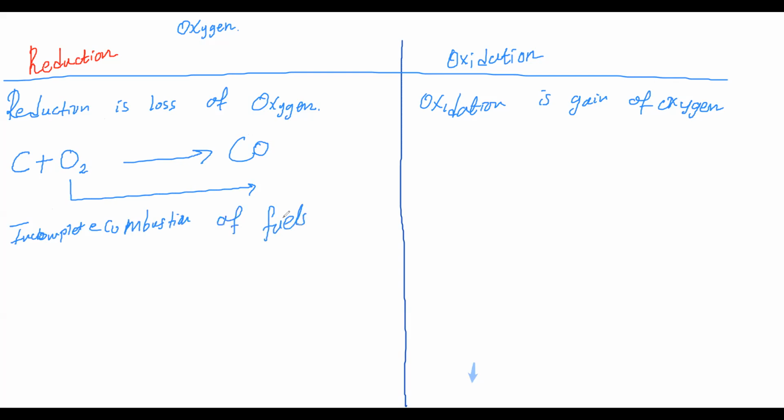When the oxygen is not enough, we say that there is an incomplete combustion. Therefore, we produce an acidic gas. This is carbon monoxide, which is acidic.